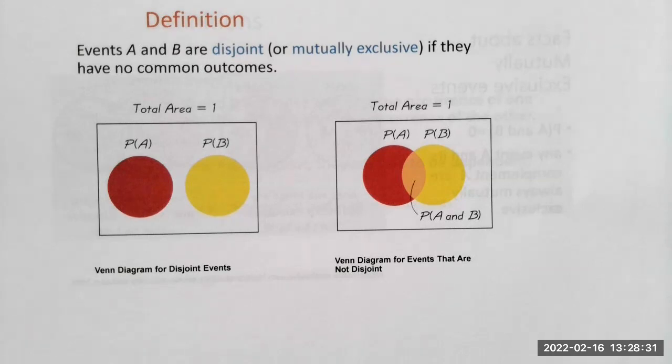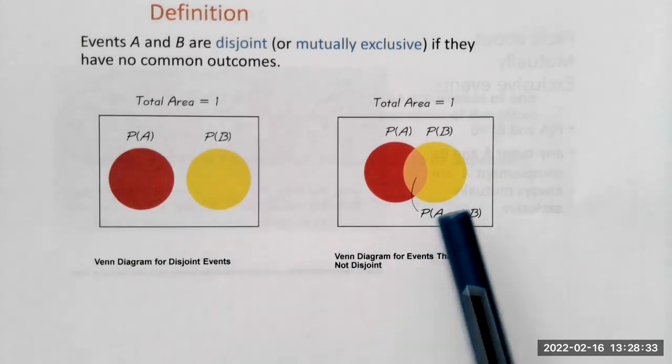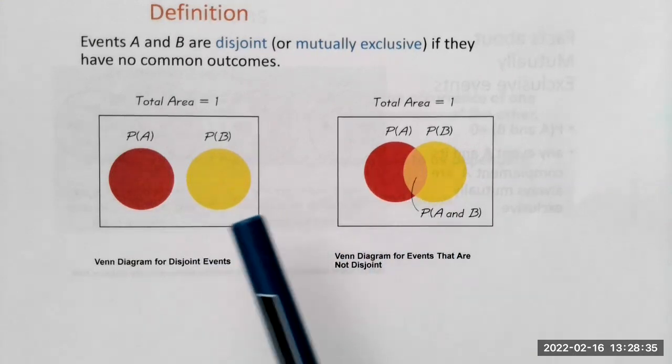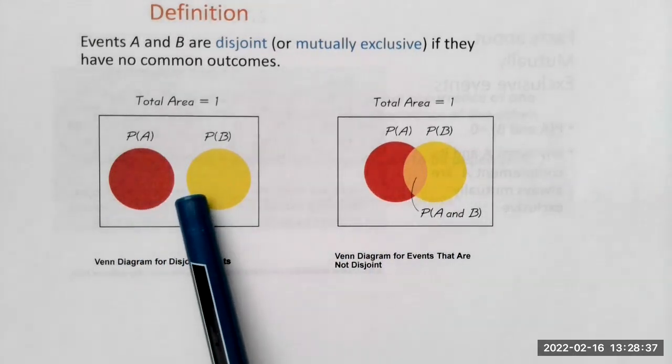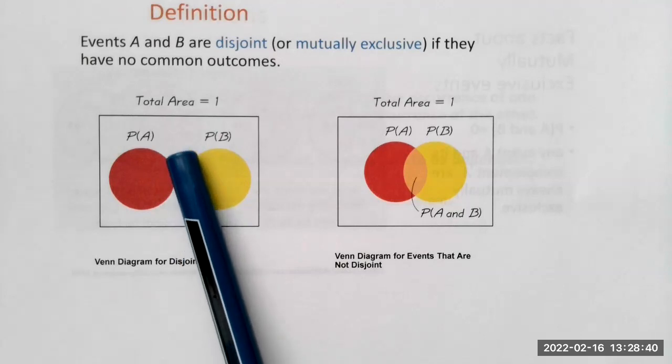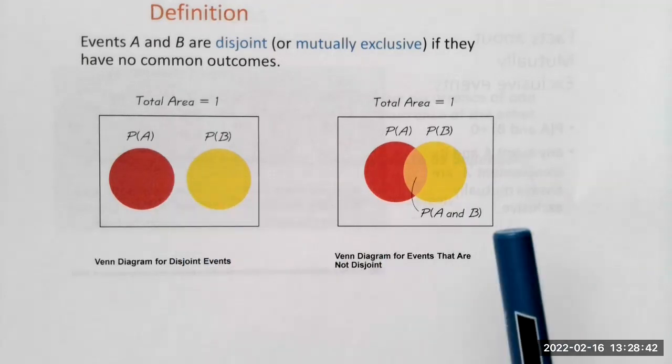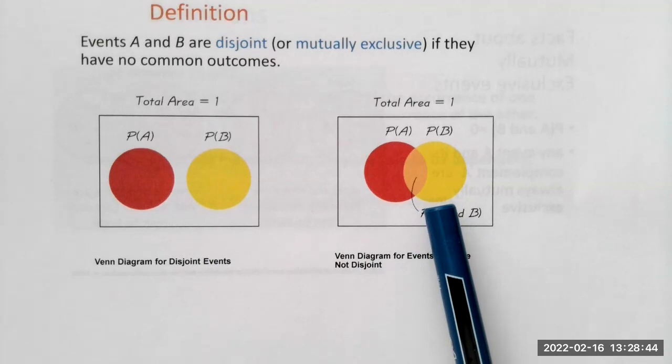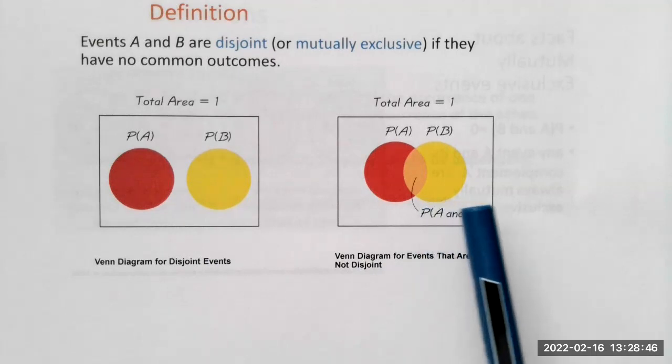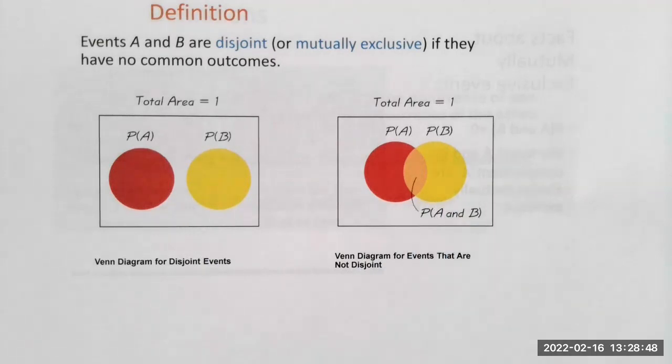Okay, and these diagrams describe it really well. So mutually exclusive events do not overlap. Okay, these events are not mutually exclusive or not disjoint in this diagram.